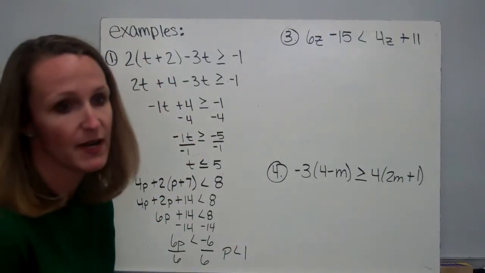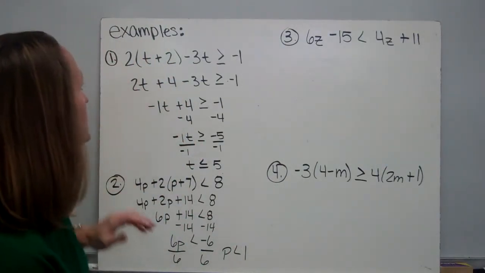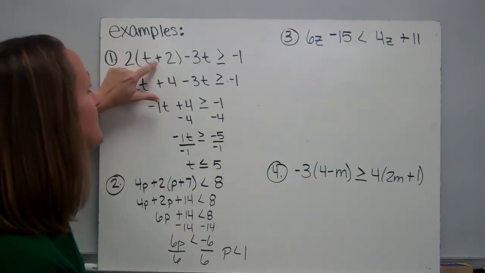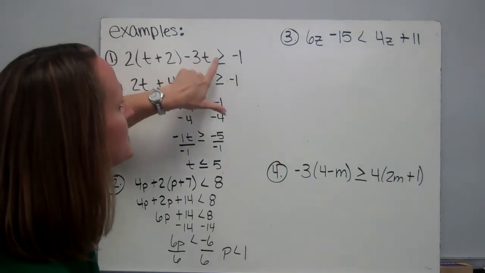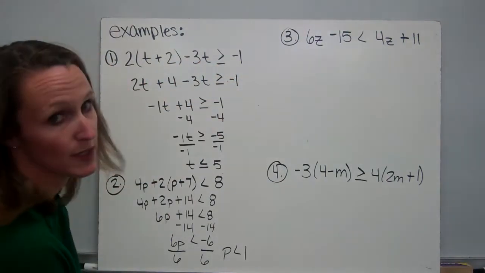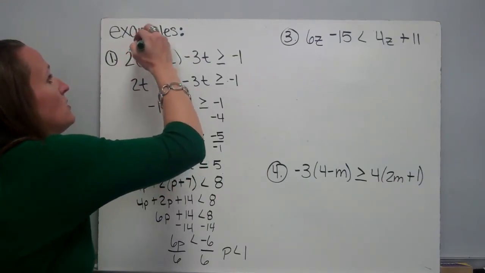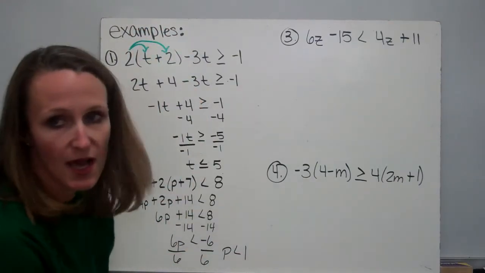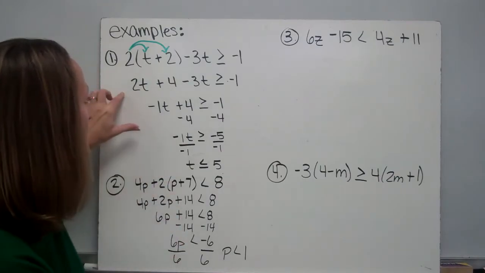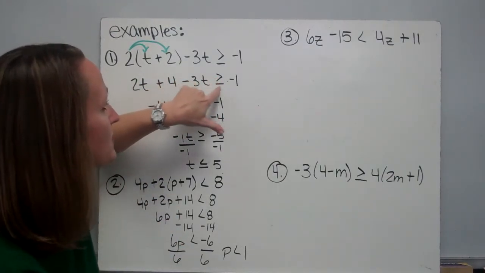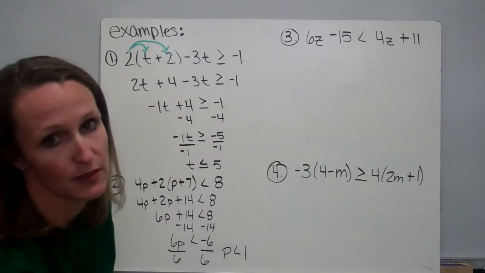I've worked a couple out already. This is example 1. Okay, so we had 2 times t plus 2 minus 3t is greater than or equal to negative 1. So what did I do first? I'm going to distribute my 2 to everything inside of the parentheses. So 2t plus 4 minus 3t is greater than or equal to negative 1.